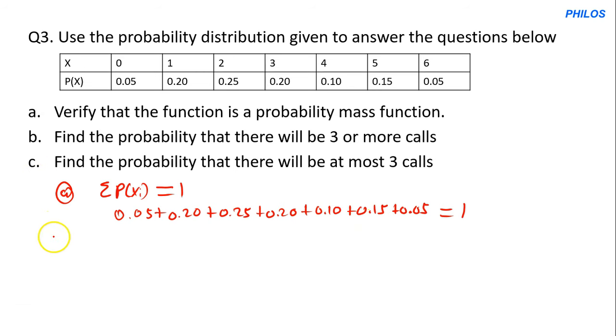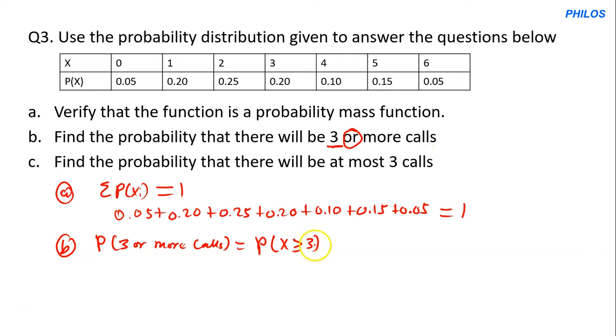Now let's go to question B. Question B says, find the probability that there will be 3 or more calls. Now, the probability that there will be 3 or more calls means you should find the probability that x will be greater than or equal to 3. 3 or more.